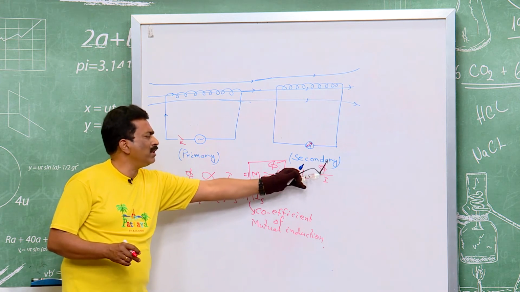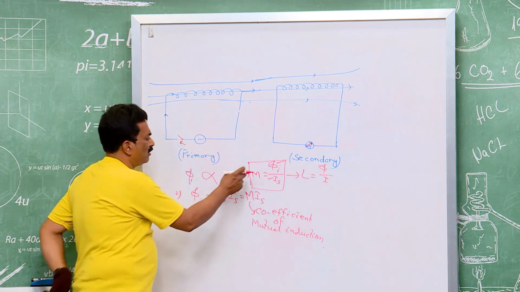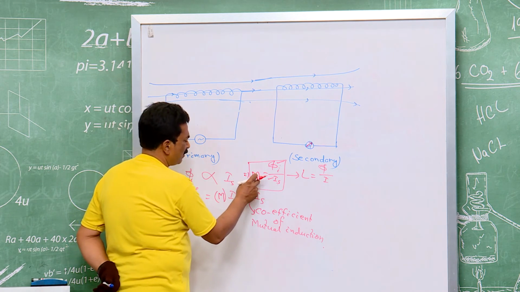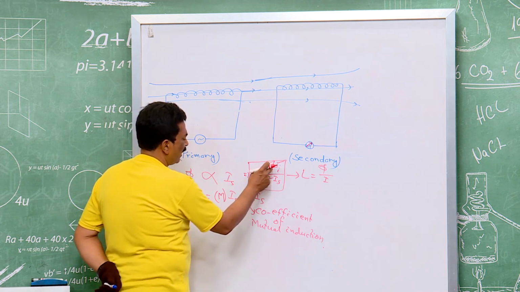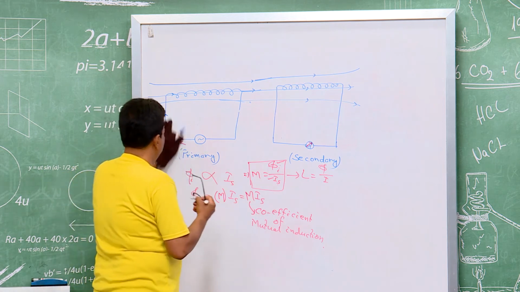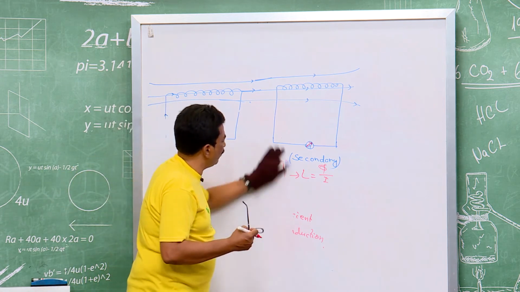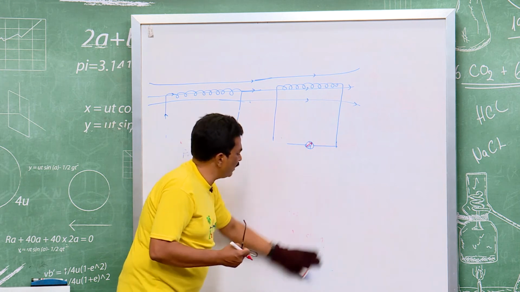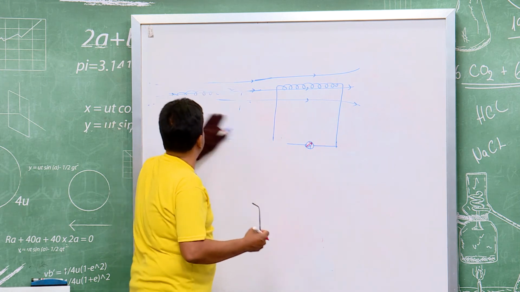For the self case it is only one, but for the mutual case, one is the current, and in the other case there will be the change of the flux. So this is one of the expressions, and it is the second type of expression.